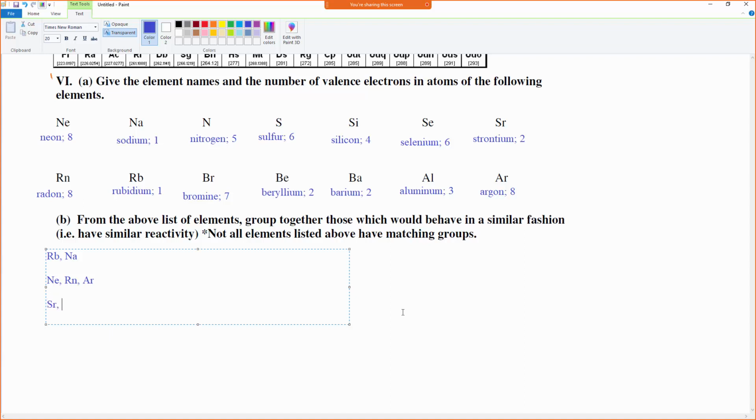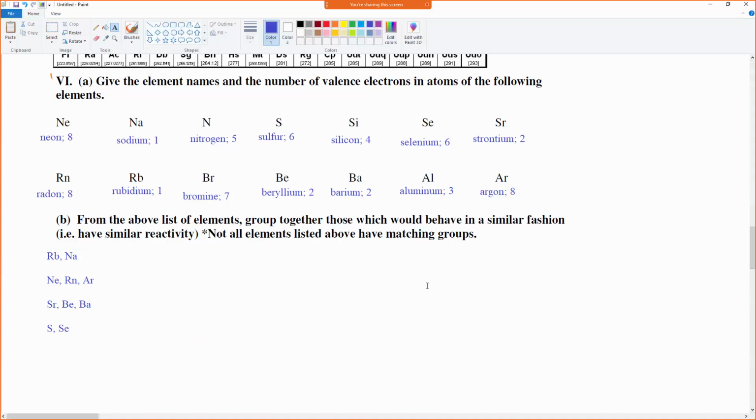Yeah, the strontium, the beryllium, the barium, all having 2 electrons. Good. And sulfur and selenium. And it looks like the silicon, aluminum, nitrogen, and bromine are unpaired, right? We don't have pairs for them. Excellent. Okay, you still with me?